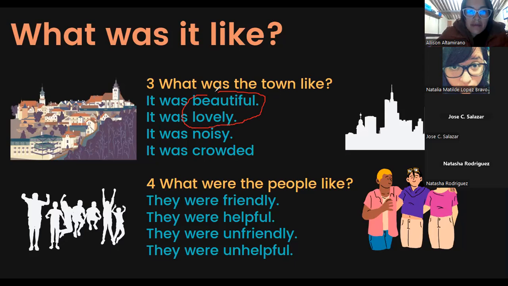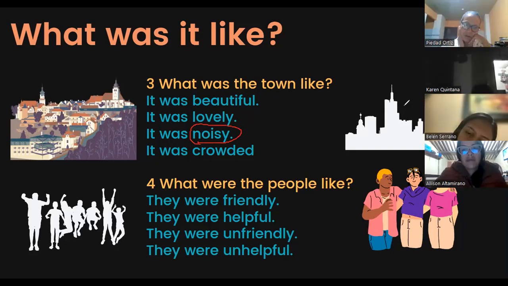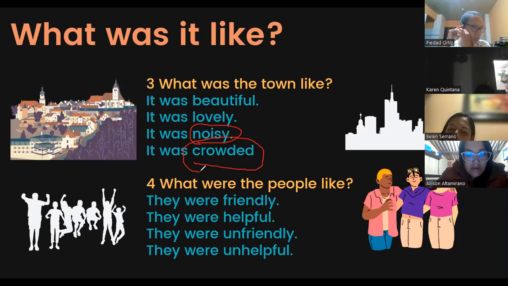Those are positive. And then we have the word noisy. ¿Qué creen que significa noisy? Estamos hablando de la ciudad. Ruidoso. Ruidosa, yeah, like there was a lot of noise. There were cars, there were trains, there were horns. So that is noisy. And then we have crowded. What is crowded?